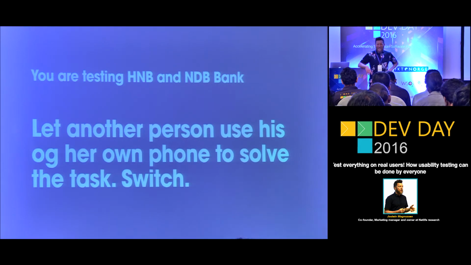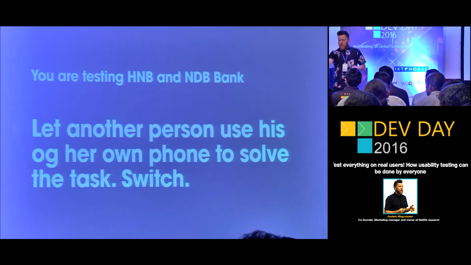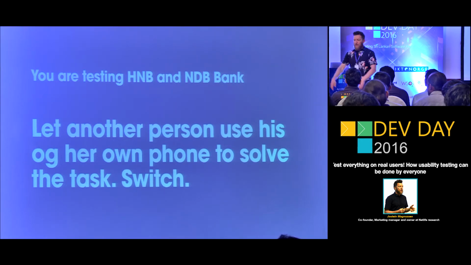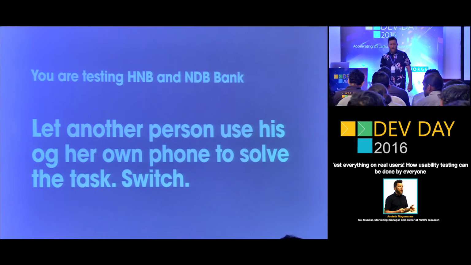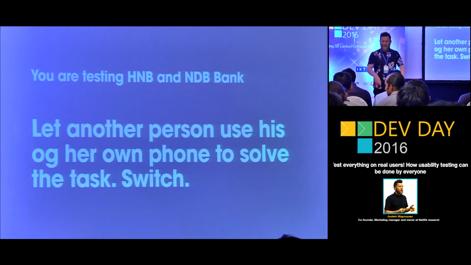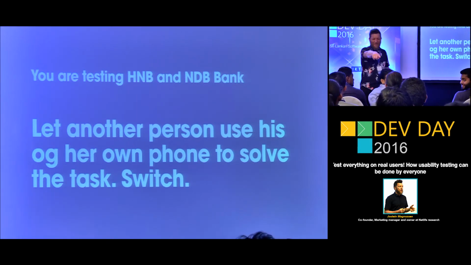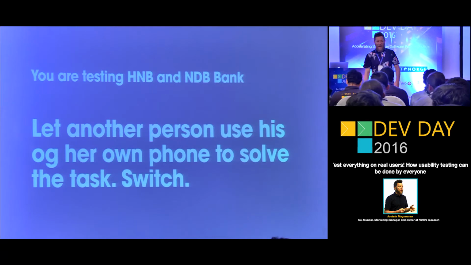So I have to turn it off. I have turned it off. So then you have two and two. Is that okay? You just pair yourself with another man or girl.